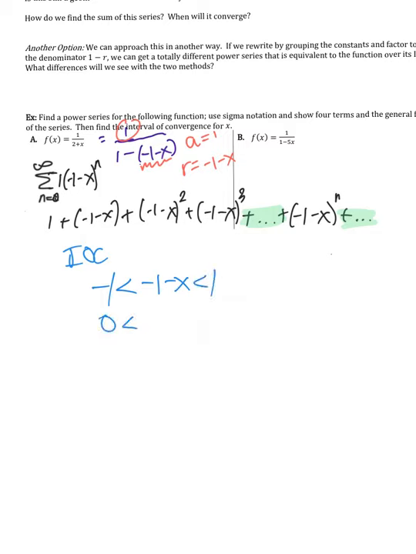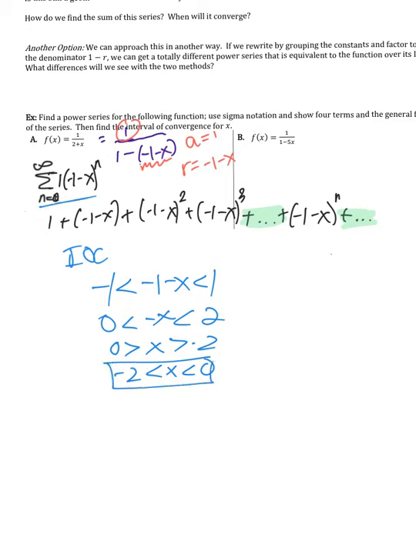I can add 1. I can divide by -1. That's going to flip my inequality signs. And then I'm just going to rewrite that like this. So here I have my sigma notation, my summation notation, I have my first 4 terms and my general term, and I have my interval of convergence.